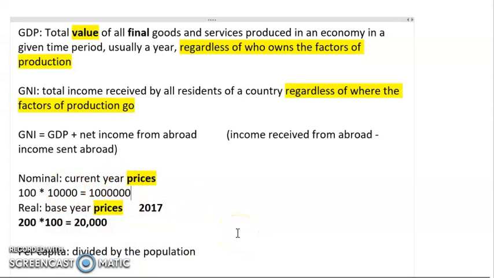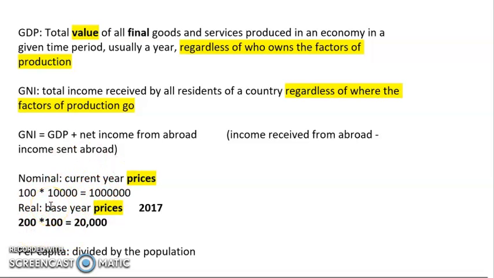So when you look at this just by hand, you see that the current year prices are used to value the output. Okay, anyways, I'm going off on a tangent here, but nominal uses current year prices and real uses base year prices. That's the basic idea.